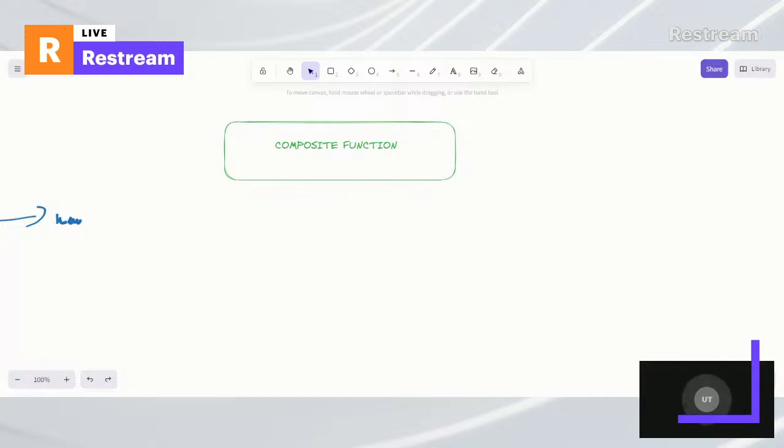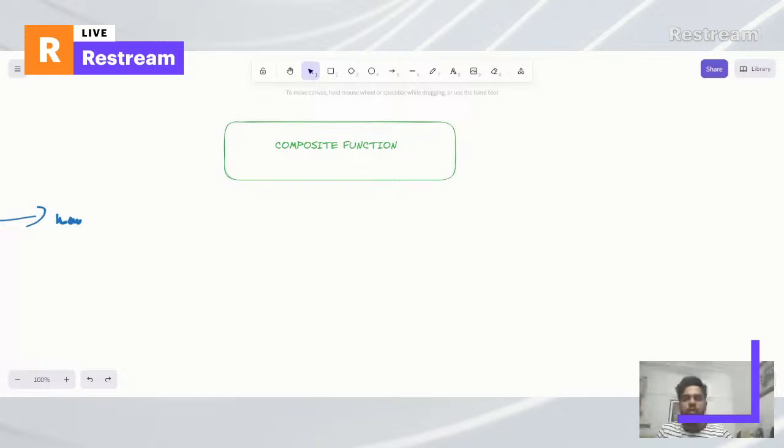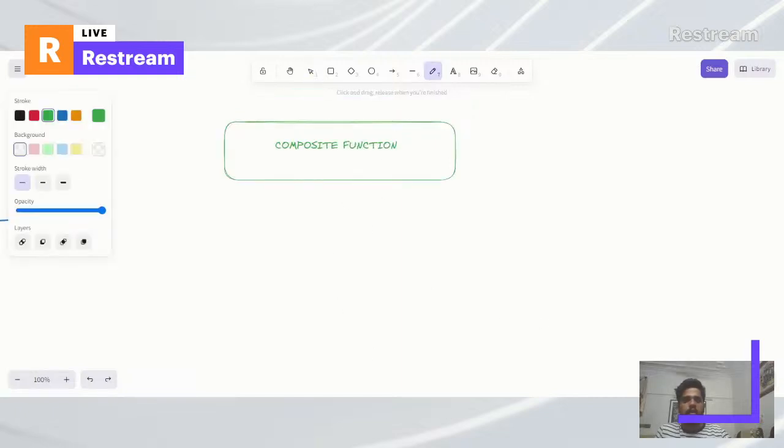Right. A composite function indicates that our function is made up of more than one function. Let's say I have a function f(x) as 2x plus 5, and another function h(x) as 3x minus 7.